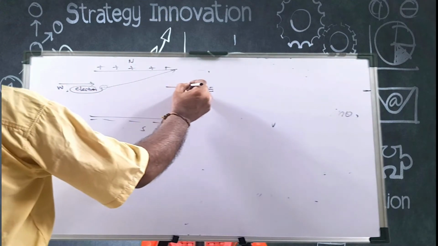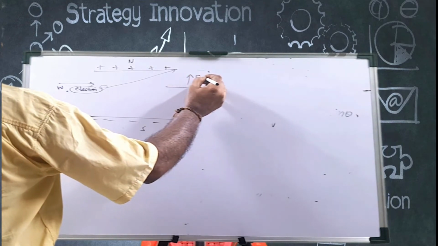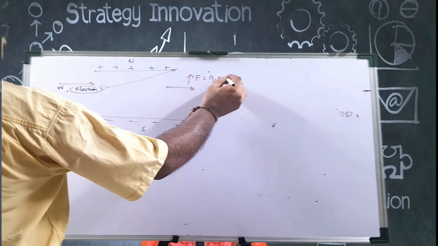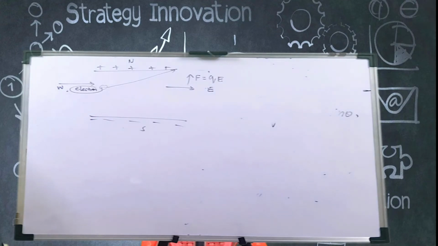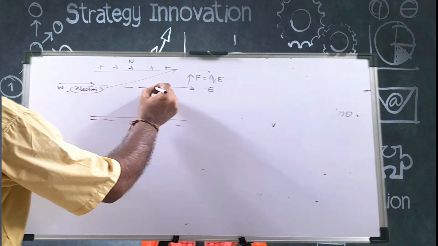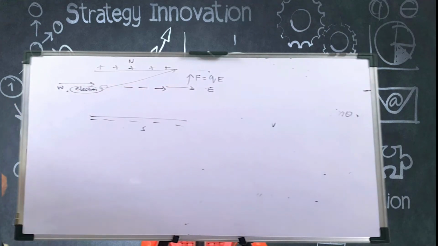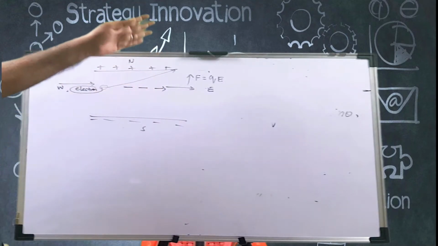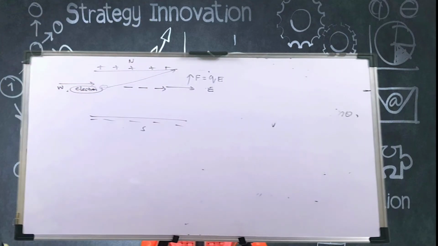So there will be a force acting on the electron, which is F equals QE, because it's an electrical field. The question now is, in which direction should you produce a magnetic field so that this electron goes undeflected? I want the electron to go straight. But I know there is a force acting upwards, pushing the electron upwards because of the electrical field.